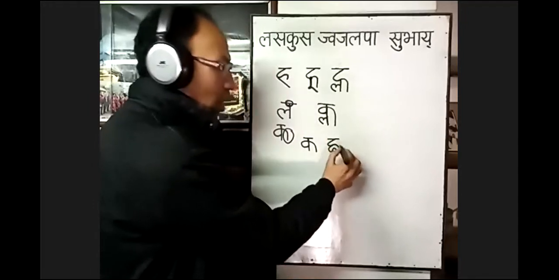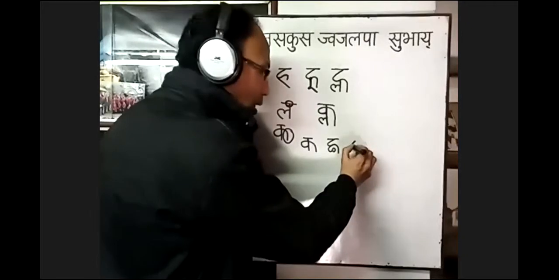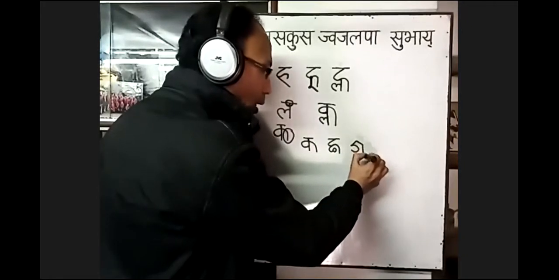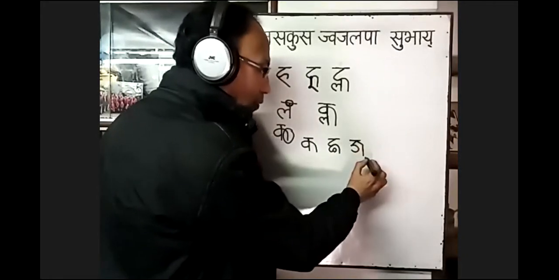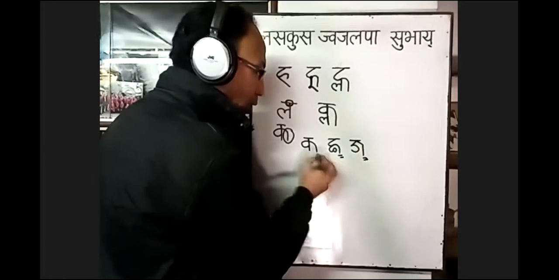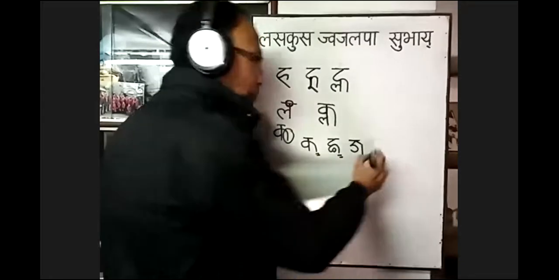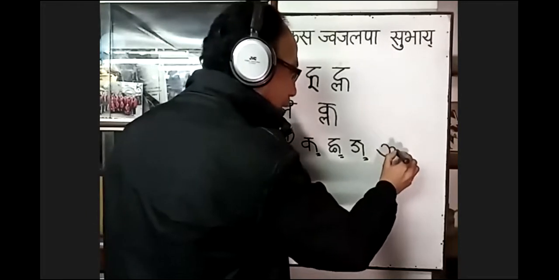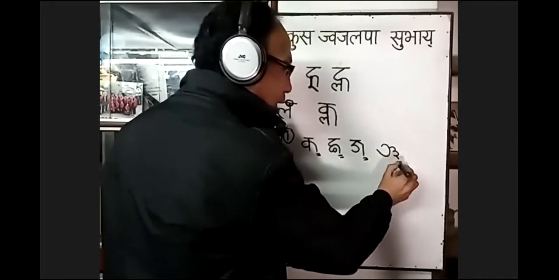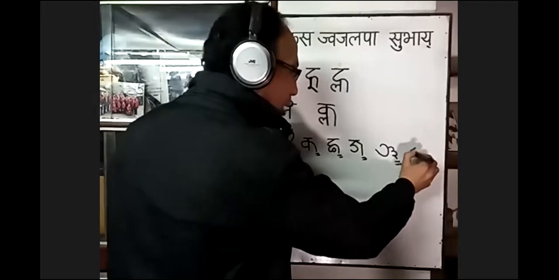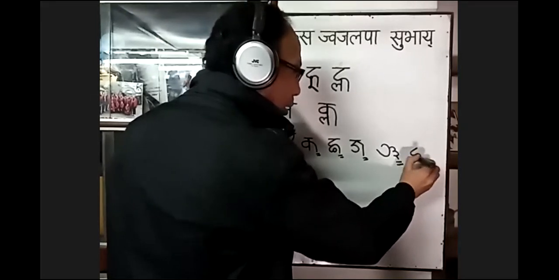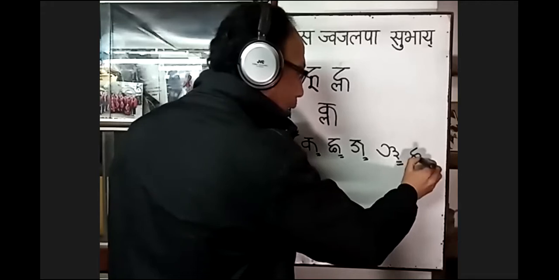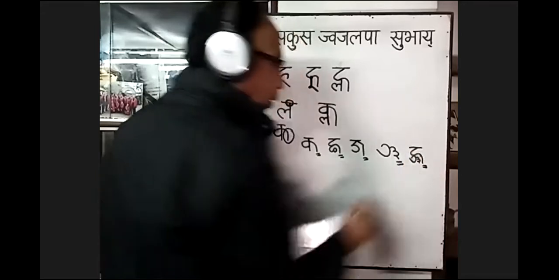Okay, this is ha, and similarly this ja, this is la. La of ja is this part. This is la, and this nya, this is la, and similarly this is also la here.